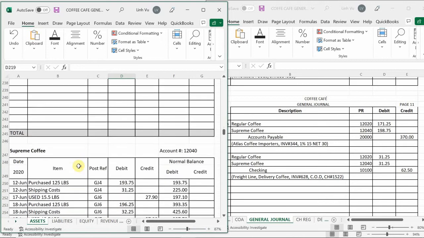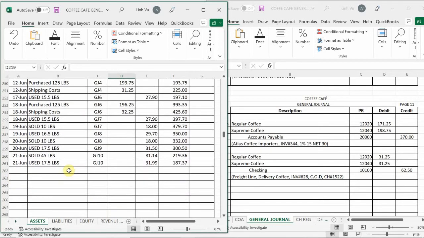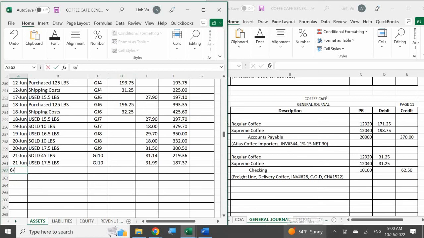Okay. And we have to update the Supreme Coffee. The Supreme Coffee is 198.75.